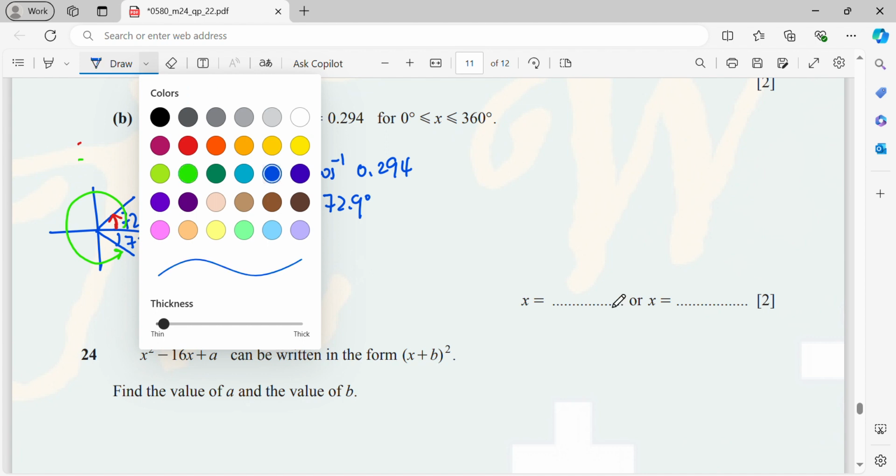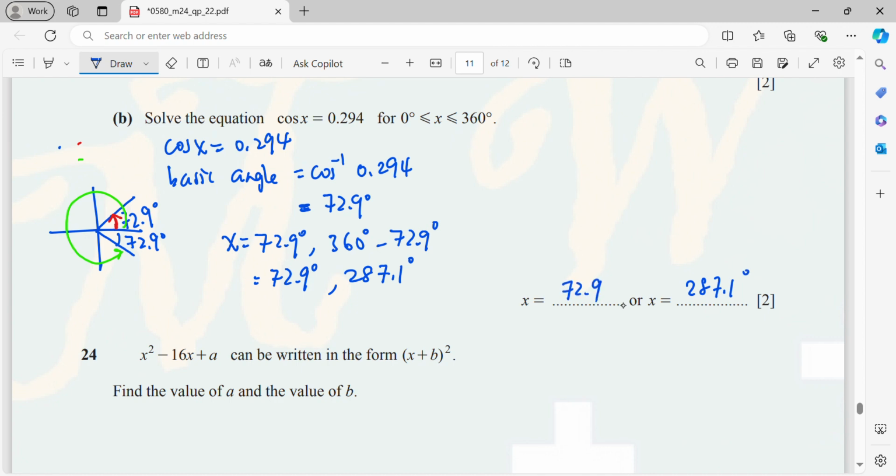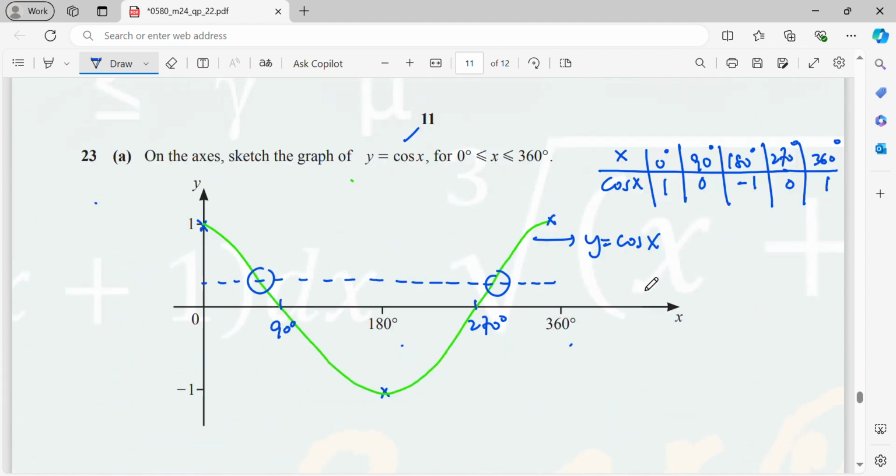That is going to be 360 degrees minus 72.9 degrees. So your x is 72.9 degrees and 360 minus 72.9 degrees. Then you will be getting 72.9 degrees followed by 287.1 degrees. Okay, which tallies with the diagram over here. Right?